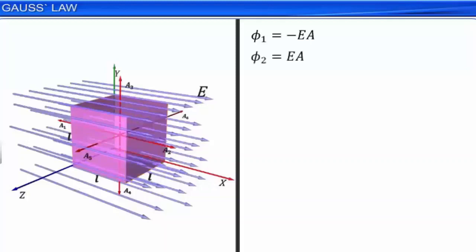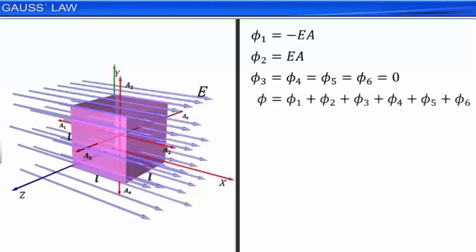The flux through the faces 3, 4, 5 and 6, that is phi3, phi4, phi5 and phi6 respectively, is equal to 0, since the area vector A is perpendicular to the direction of the electric field with respect to these faces. Therefore, the net electric flux through the cube is minus EA plus EA, which is again equal to 0.